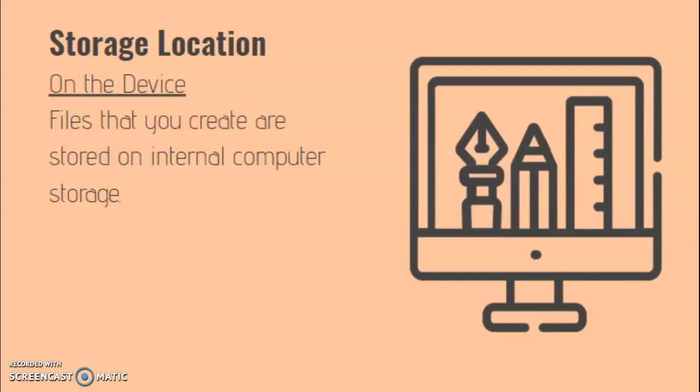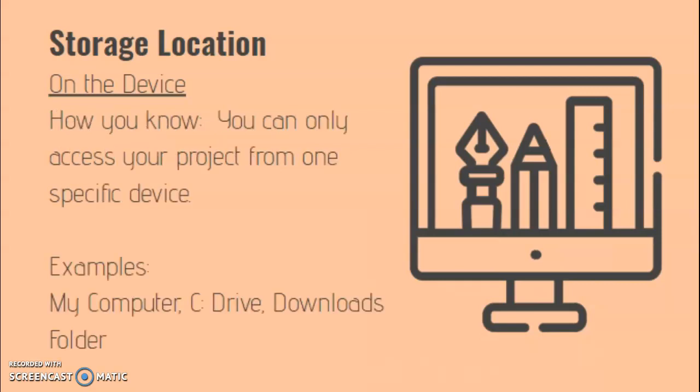That would be on the internal computer storage. How do you know what you have? You can only access those files from that one specific device. That's stored on that specific device. Examples: your My Computer folder, C drive, downloads folder, files folder on your phone, all of that is happening on your actual phone.